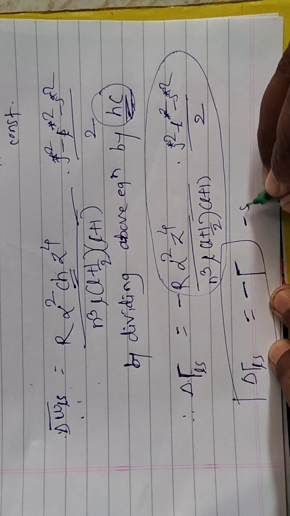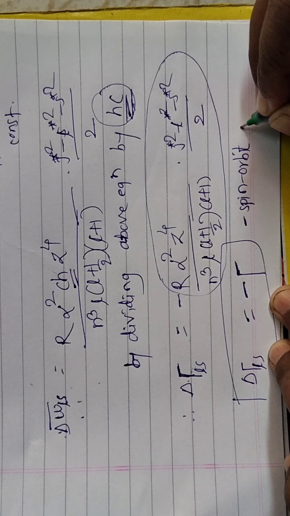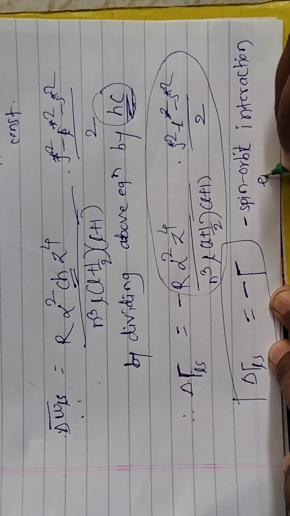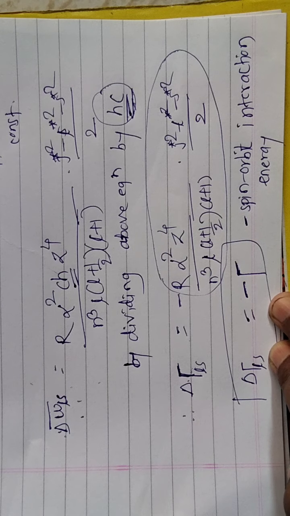This is called the spin orbit interaction energy. This term is called the spin orbit interaction energy. This is called lambda. Okay. This is called lambda.